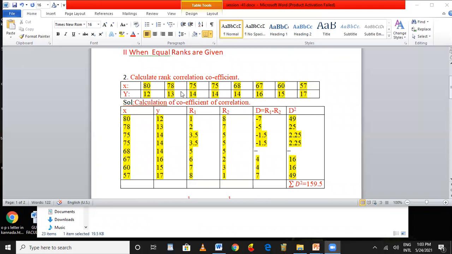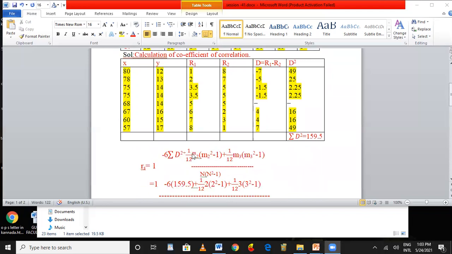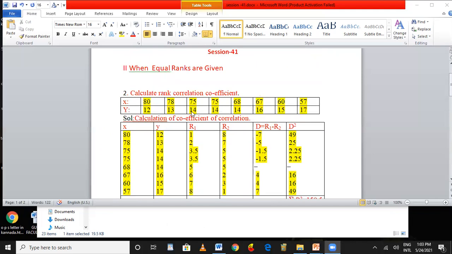The first judge has given equal ranks for the two; both will get the same rank. So here we take 1 by 12 into 2 into 2 square minus 1. Then 1 by 12 again for the second series.